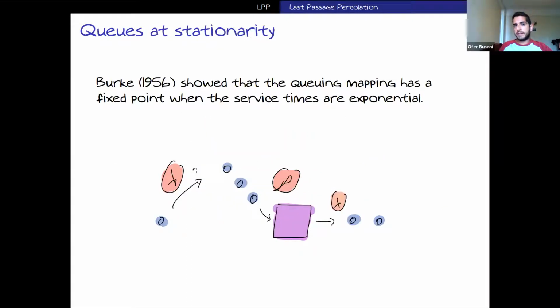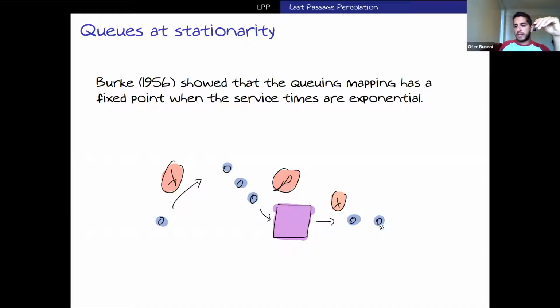Okay, so queues can be at stationarity. This is due to Burke in '56. This means that if you have a server that serves independently and exponentially at rate rho, and you feed the queue with customers coming i.i.d. exponentially at rate lambda, then the inter-departure times, the output sequence that is going to come out, will be, again, i.i.d. exponential with rate lambda.